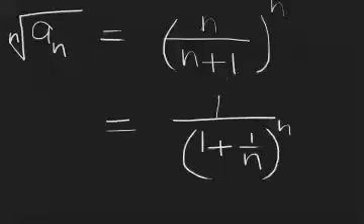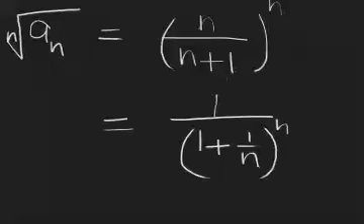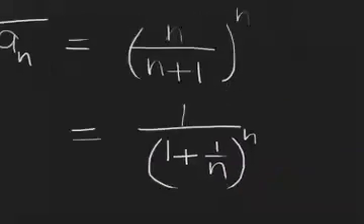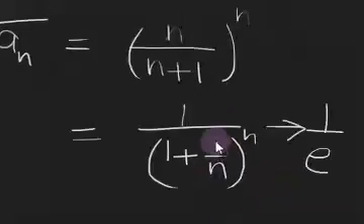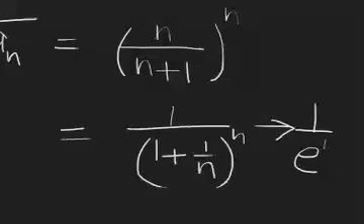So we know that the denominator goes to e to the 1 as n tends to infinity. That means this goes to 1 over e as n tends to infinity.